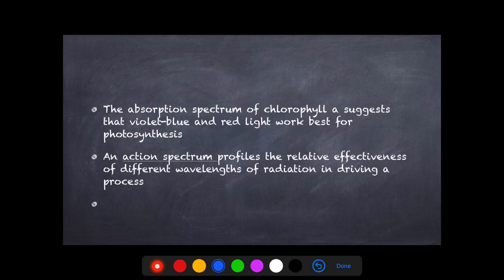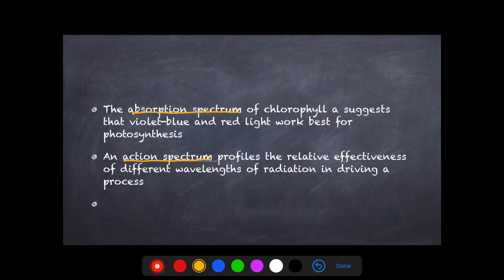So since we talked about the electromagnetic spectrum, there's another spectrum called the absorption spectrum. Let me use a different color. The absorption spectrum is basically a graph plotting a pigment's light absorption versus the wavelength. So an absorption spectrum of chlorophyll A tells you that violet, blue, and red light actually work best for photosynthesis, which I just told you in the last one.